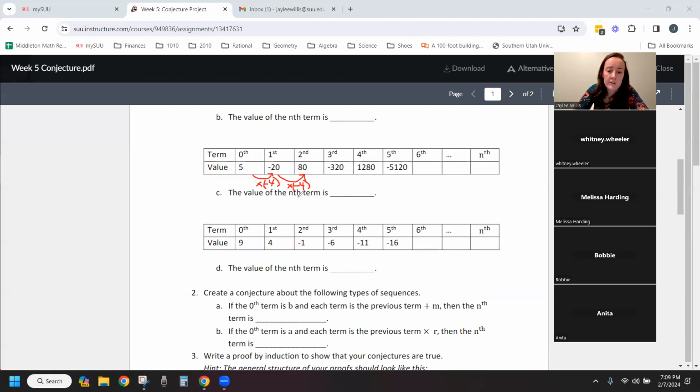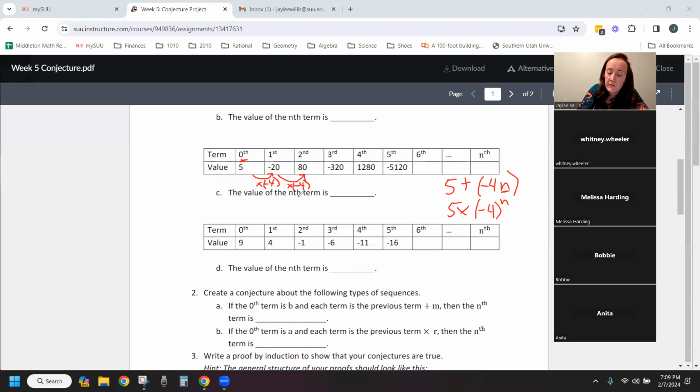We got a couple different ones. So we've got 5 plus -4 times n. We've also got 5 times -4 to the nth power. So we can try these and plug them in. So like if we take a 0, and we plug that into both of these, if we do -4 times 0, that would be 0 plus 5.